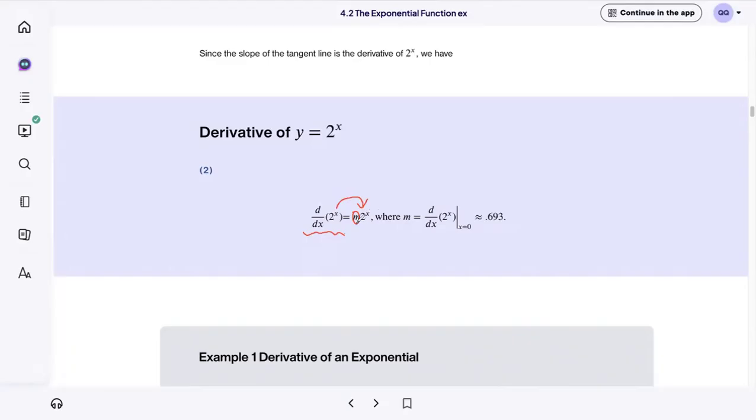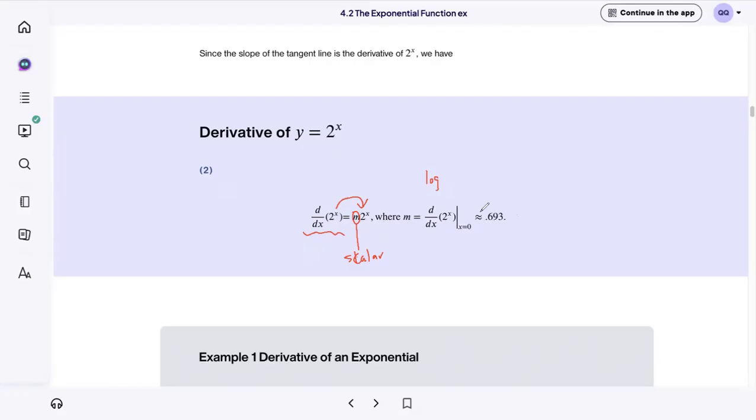The difference is just this scalar m. It's some number. What is this number? This number is log base 2. So this is written as m equals the derivative of 2 raised by x at x equals 0. So finding this m value, that's about 0.693.